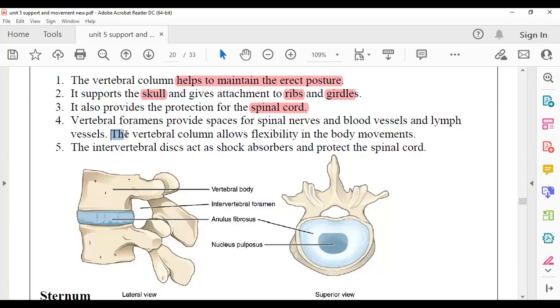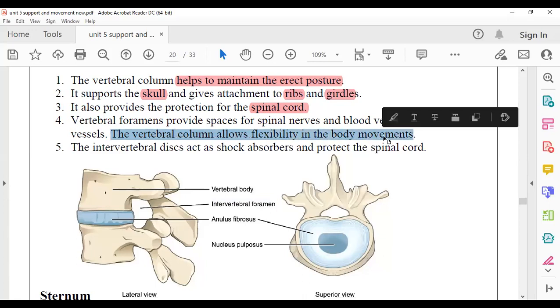the vertebral column helps you to move your body. Yesterday we were speaking about ruku and sujud, correct? These body movements were made possible with the contribution of the total vertebral column.